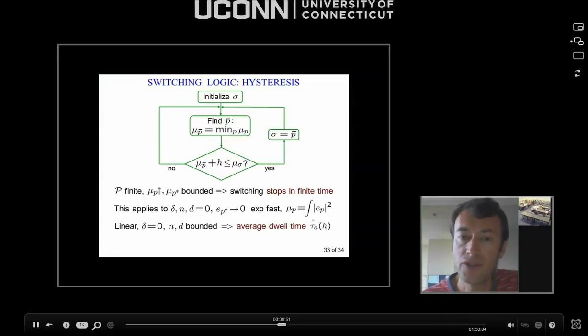Then we have further results that, from your questions, it sounds like you would be interested in. I don't have them here on the slides, but in the case of continuum uncertainty, by modifying the switching logic in the way that I alluded to a minute ago, you can obtain similar results, and I'll be happy to give you specific references to those and discuss them further.